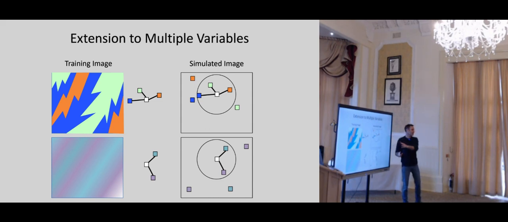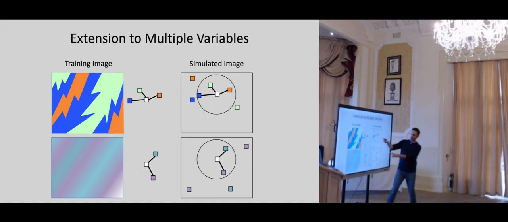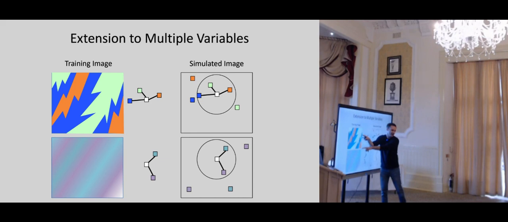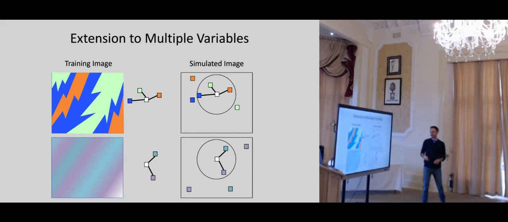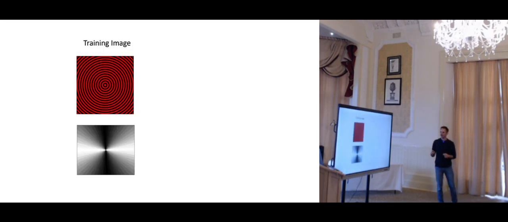We look at the templates, the pixels that are around. We have two templates, and we're going to randomly sample the image until we find a match. And of course, when we randomly sample the image, the pixels stay together, because we want to be at the same place. Okay, so that's an extension to 2 variables.